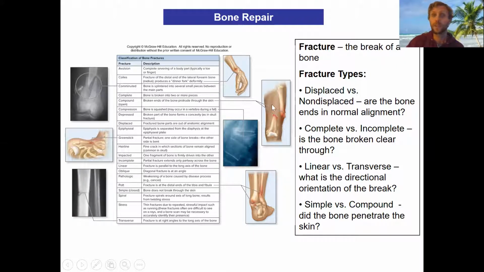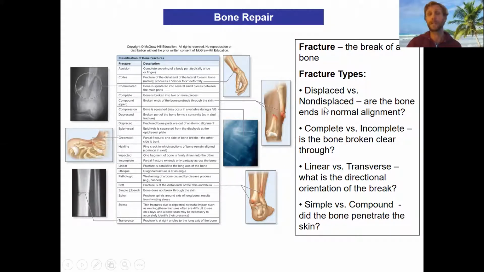This image also allows us to make another comparison, the one above: displaced versus non-displaced. Notice how in this image, not only does it look like the femur is fractured, but the pieces are also out of their normal alignment. That would imply that this is not only a complete fracture, but is also displaced, as in the bones have been moved from their normal position.